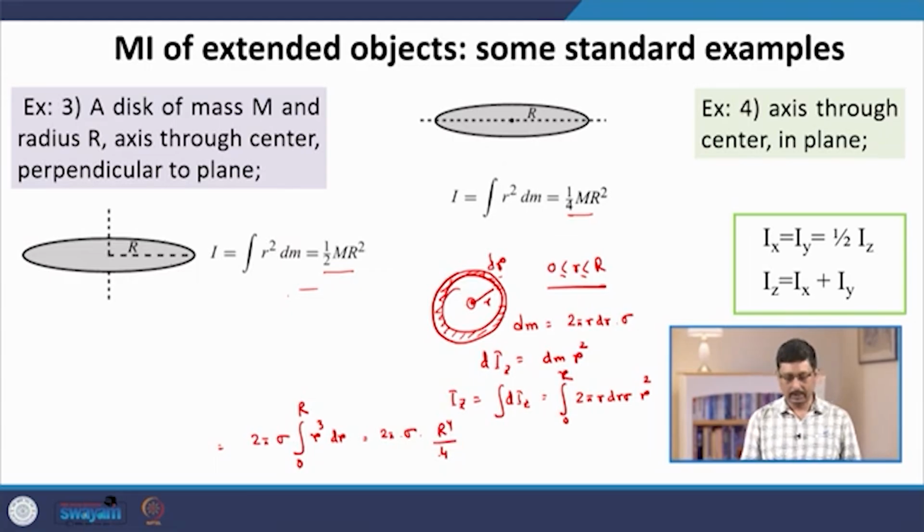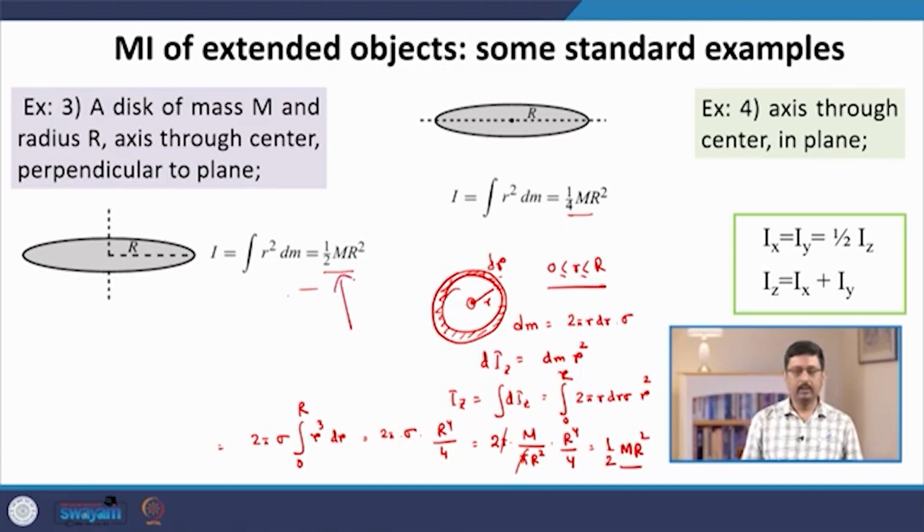Now, how much is sigma? If I replace sigma by the total mass, then this is going to be 2 pi times M by the area of the circle, which is pi R square, times R 4 by 4, and this is going to be half M R square, which is the result.